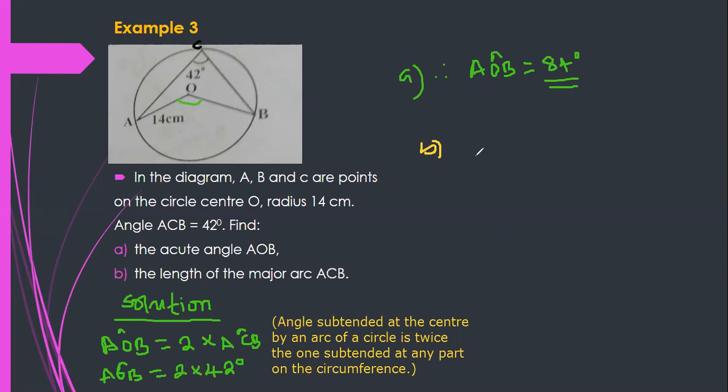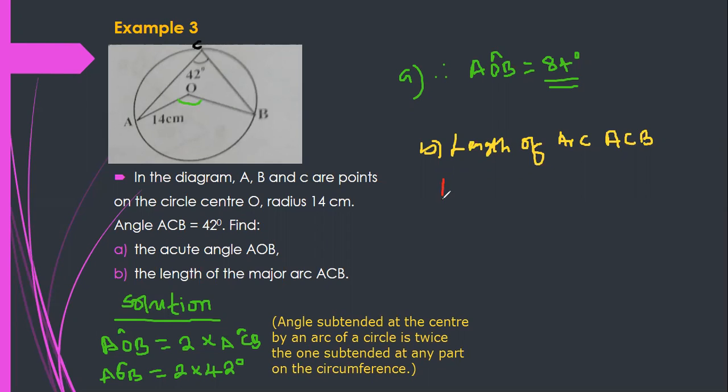Okay, second problem. So the second problem says the length of the major arc ACB. So length of this major arc ACB. To calculate this length of arc ACB, we are just going to apply this formula.